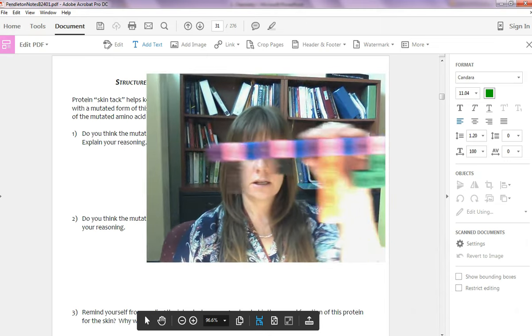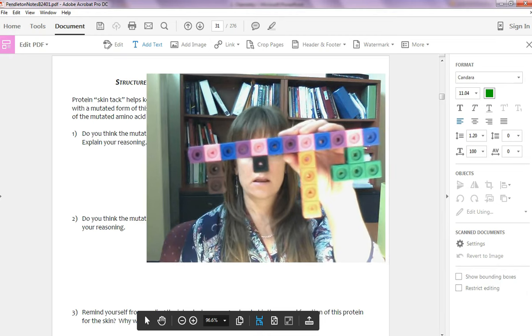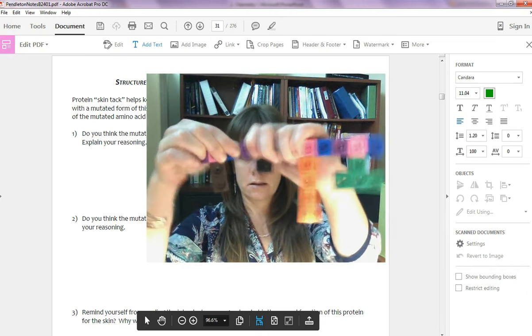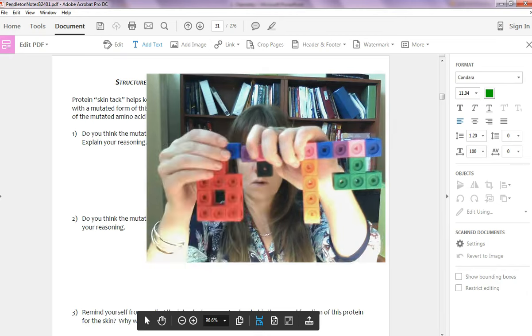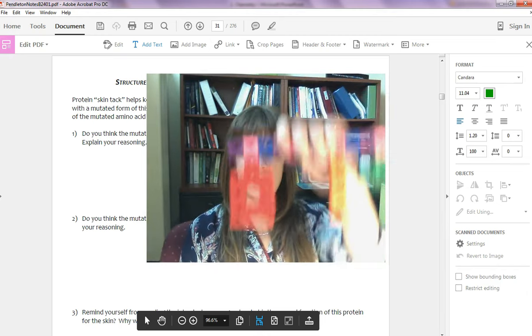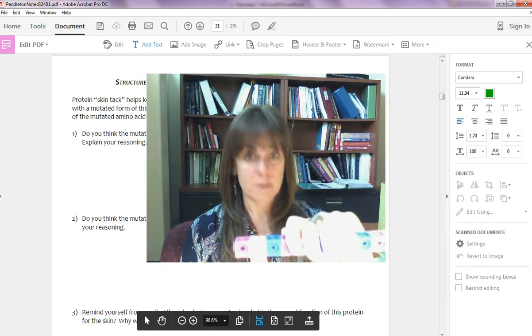So say this is the structure of your normal protein. Well, the mutant version means that this has been swapped out. We've got something different. And what did we say about structure and function? Think about it.